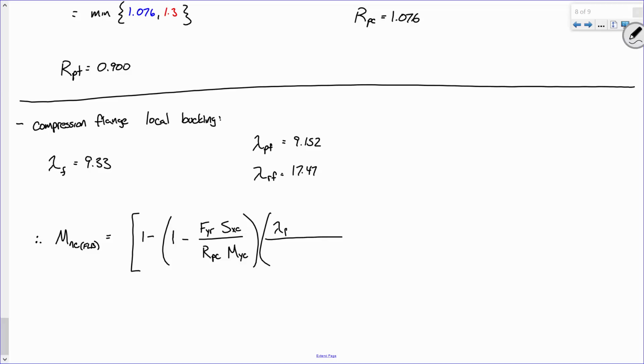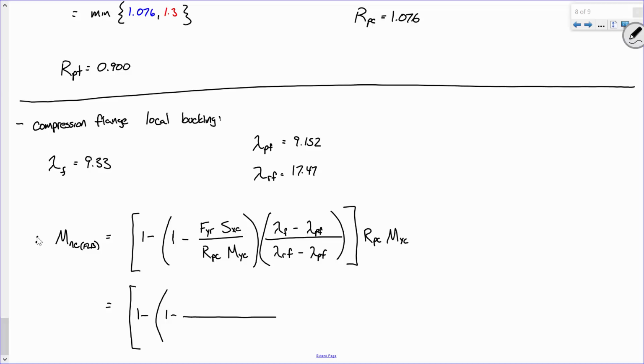Lambda sub F minus lambda sub PF, over lambda sub RF minus lambda sub PF, times RPC MYC. 1 minus. So let's start plugging and chugging.